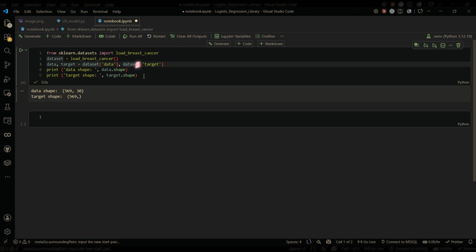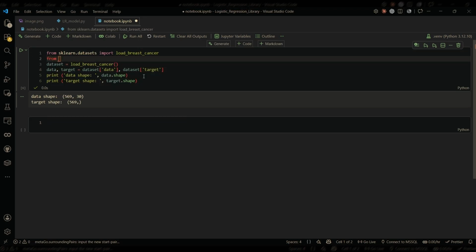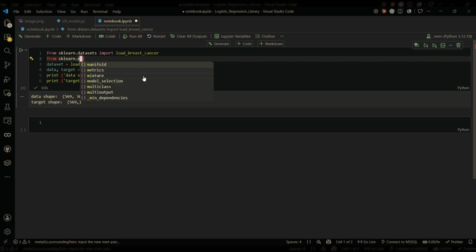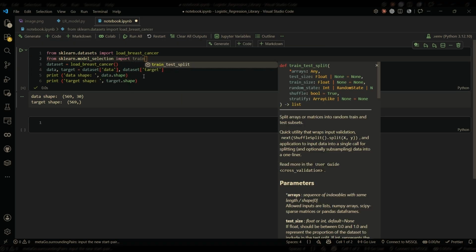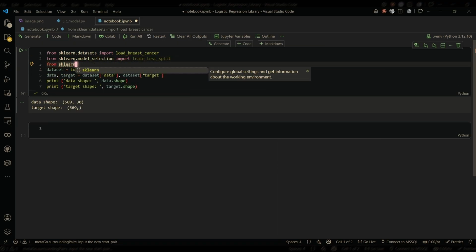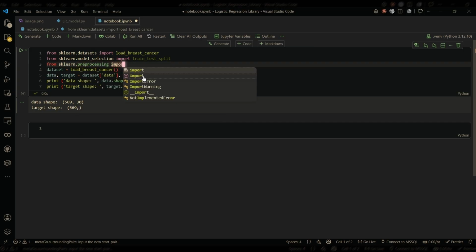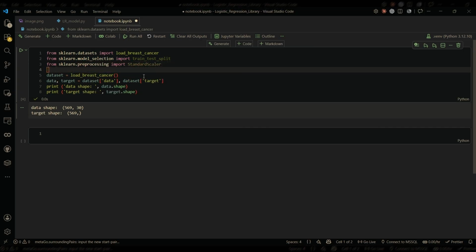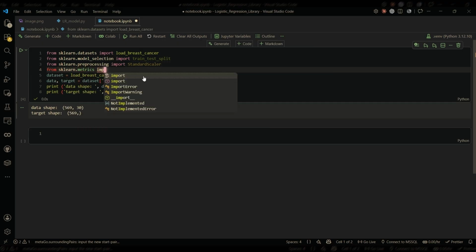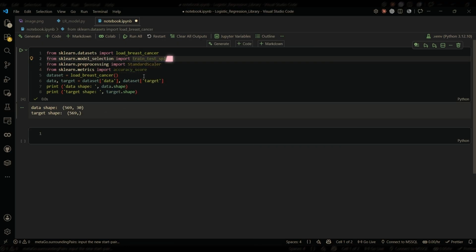So next we're going to split the data, which we're going to need train_test_split. And by the way, we're going to need StandardScaler for scaling data. And finally, accuracy_score to evaluate the accuracy.